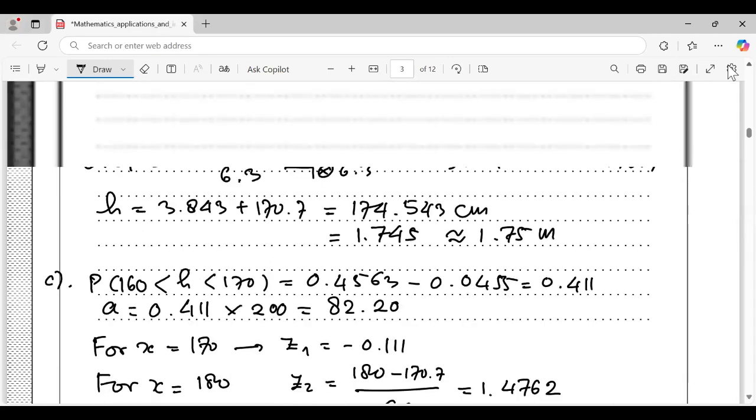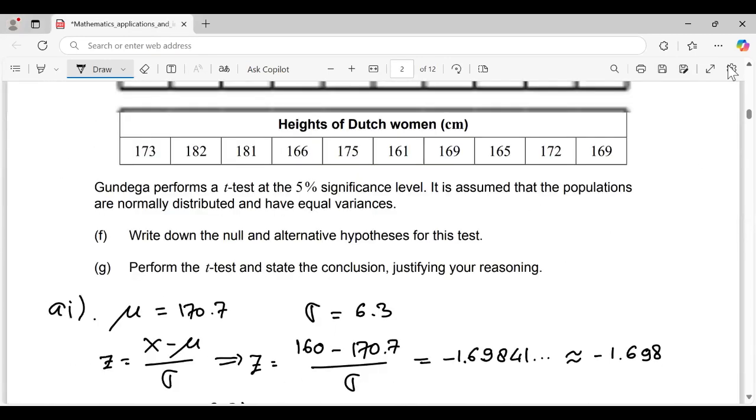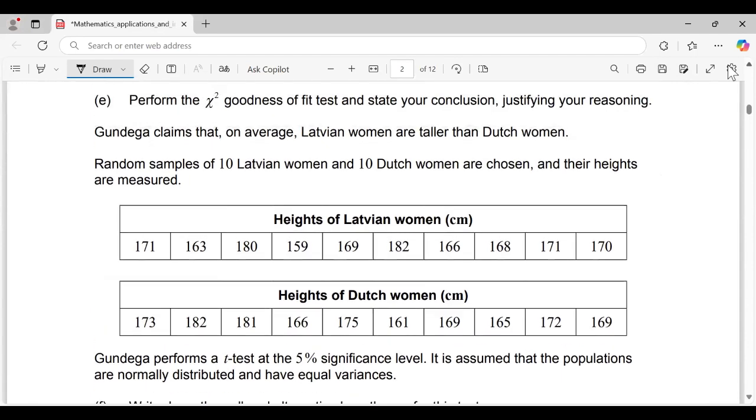Next, part F. Gundega claims that on average, Latvian women are taller than Dutch women. Random samples of 10 Latvian women and 10 Dutch women are chosen and their heights are measured. And these are the data on the table.